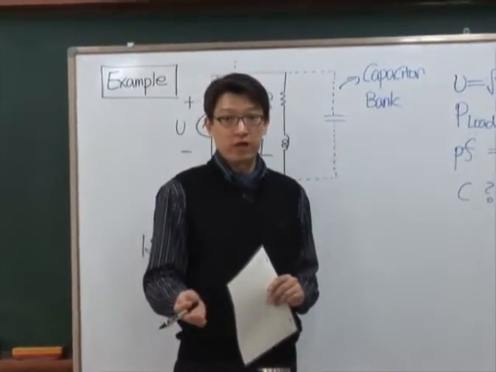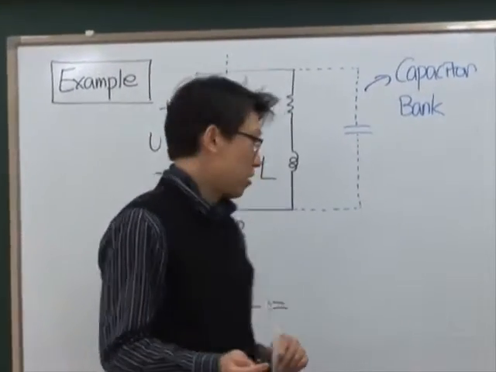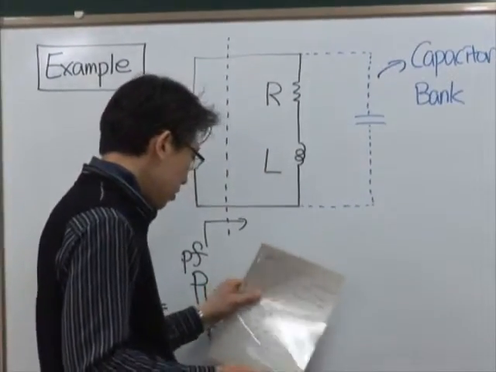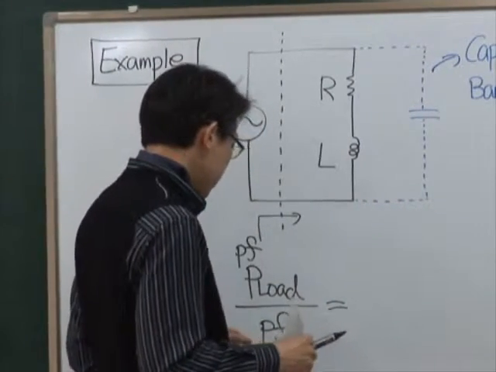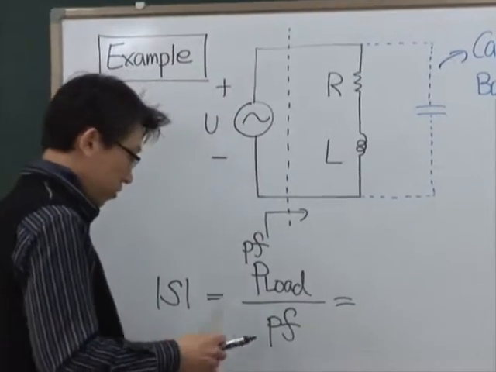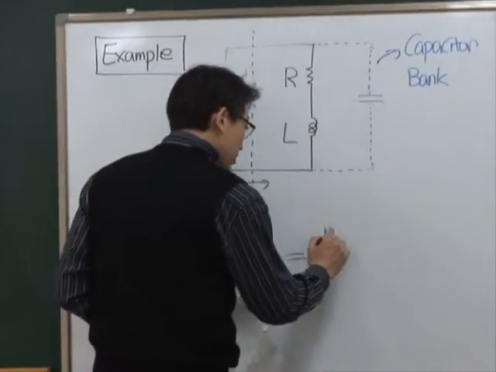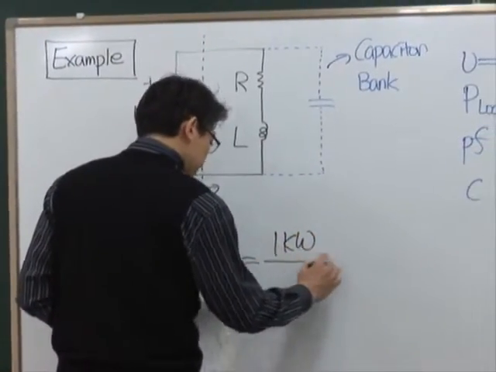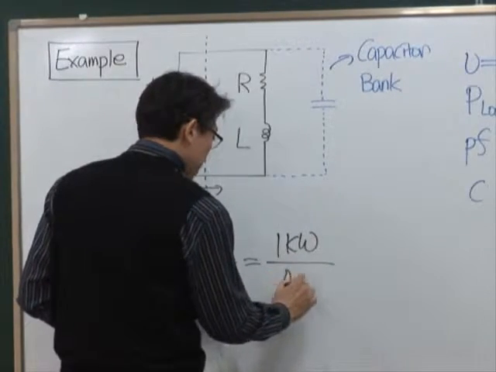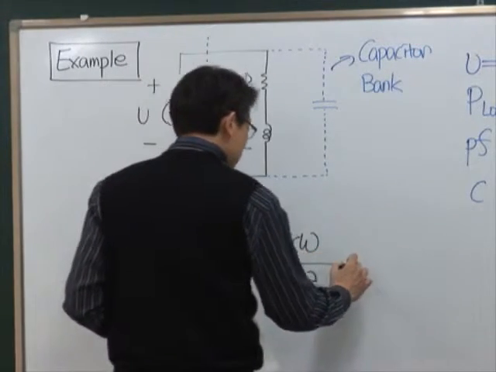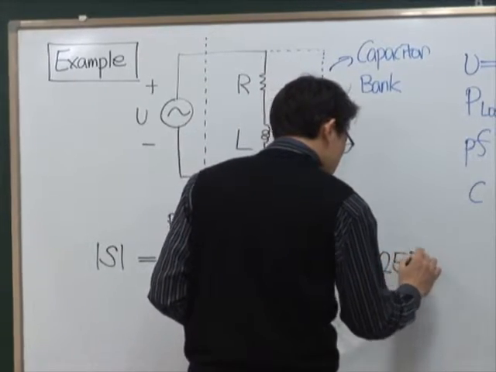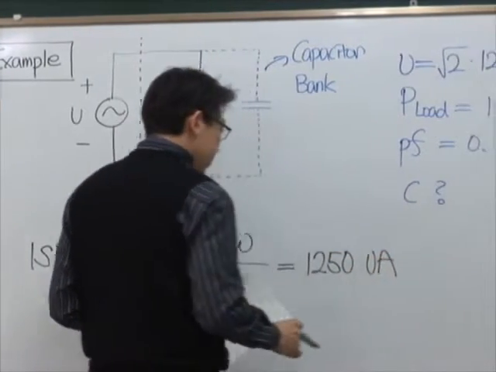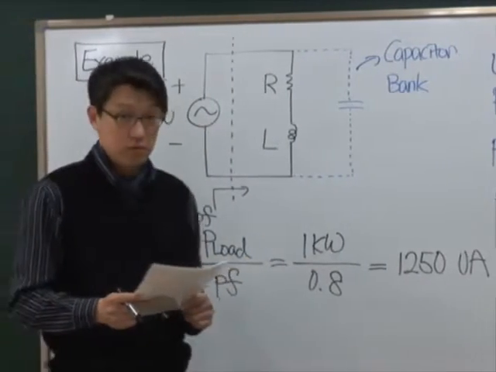So we know the power factor, we know the load power. So by using this, we can calculate apparent power. So 1 kilowatt divided by 0.8 is 1,250 volt amperes. Okay?